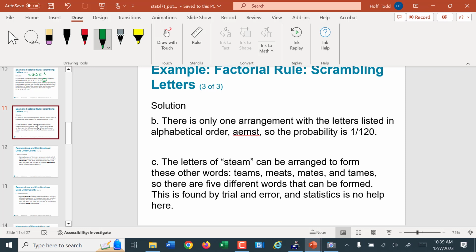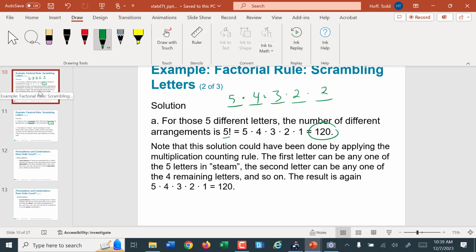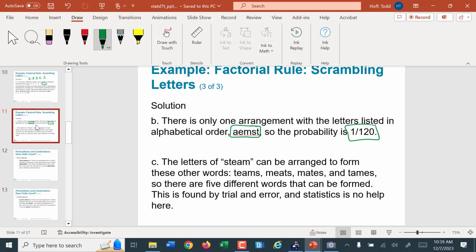Alphabetical order would be A-E-M-S-T. There's only one way to do that, so the probability that they randomly get arranged into alphabetical order is 1 out of 120, because there were 120 possible ways to rearrange them. Only one of those gives us alphabetical order.